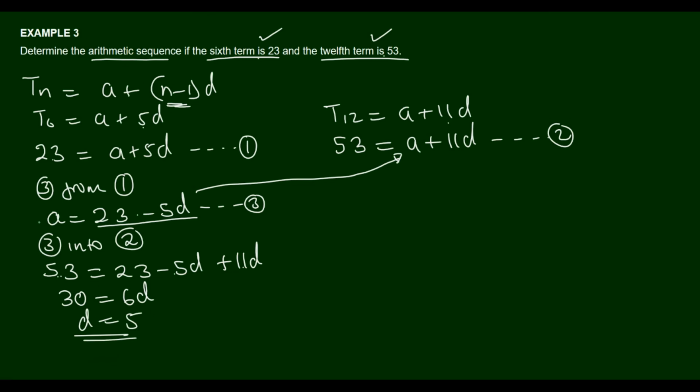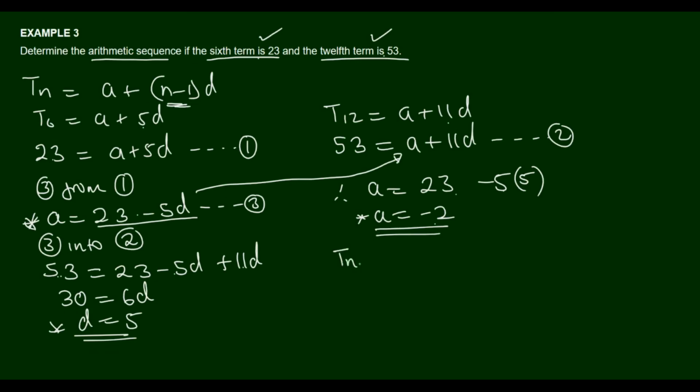So using equation 3, we can find A. Therefore, A is equal to 23 minus 5 times 5, 23 minus 25, which is negative 2. From these two, we can say our Tn is equal to negative 2. Remember, A, we're substituting into this formula.